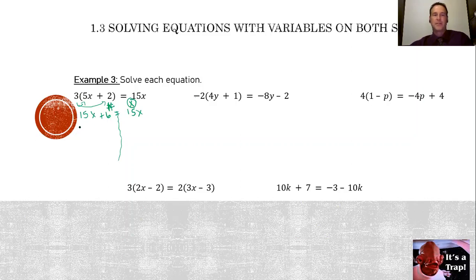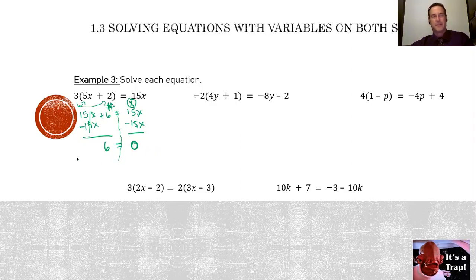Well, that would mean I have to subtract this 15x over. This has to go because I need all the x's on this side over here. However, when you do that, these go away as you would expect. But on the right side, 15x minus 15x is 0. And when you get 0x, you're kind of done because you don't have any x's left to work with. Now you have to ask yourself, is 6 equal to 0?